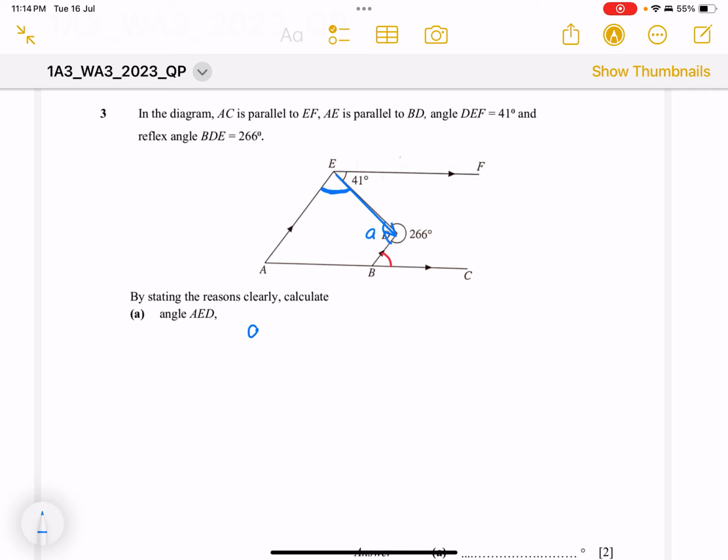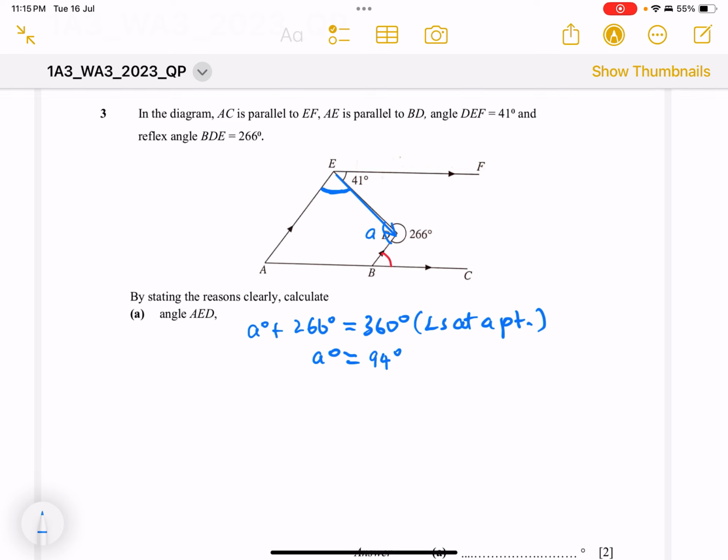So angle A plus 266 degrees is actually 360, angles at a point. That gives us A degrees is 94 degrees.